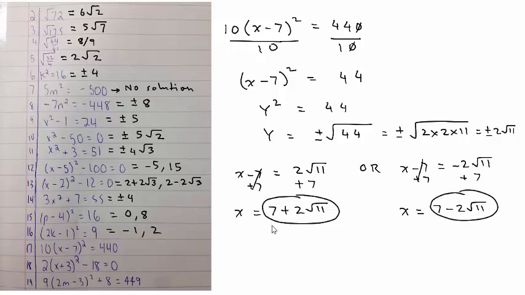That's the other number that fits in. So two answers as you would expect for a quadratic equation to have. So these are 7 plus 2 square root of 11 and 7 minus 2 square root of 11. There you go. Let's move on to number 18.